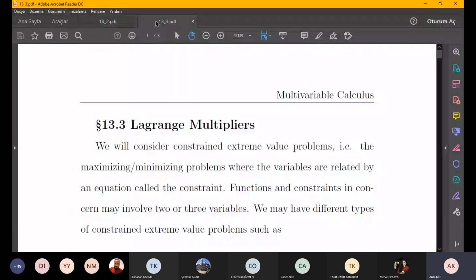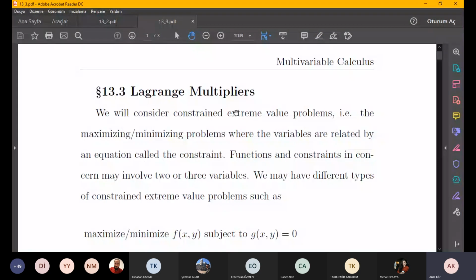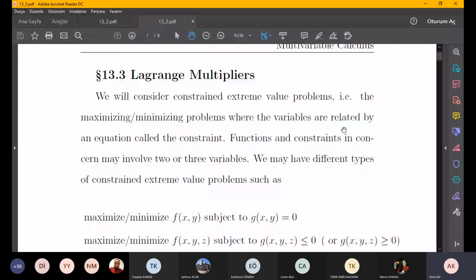And now we will continue with Lagrange multipliers, which will help us find again extreme values under restrictions, one restriction or more than one. We will see that.